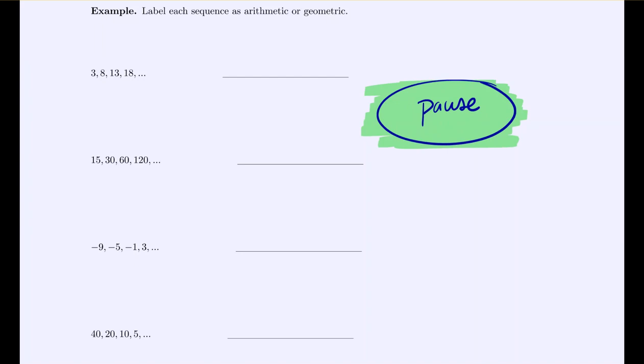If it's geometric, you should be able to multiply each previous term by a constant multiple. So take a moment and pause the video now and identify whether each of these is arithmetic or geometric, and specifically if it's arithmetic, what's the common difference? If it's geometric, what's the common ratio? So pause the video now and work on that. Unpause to check your work.